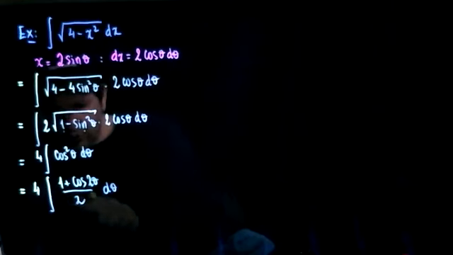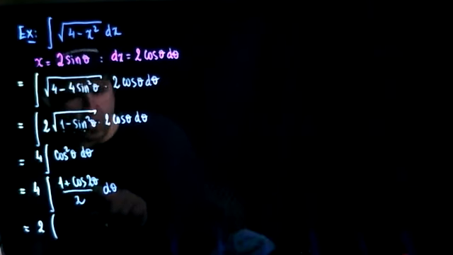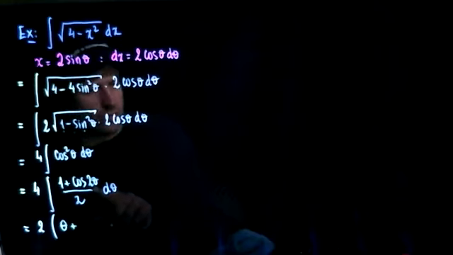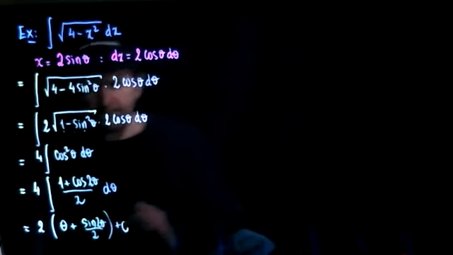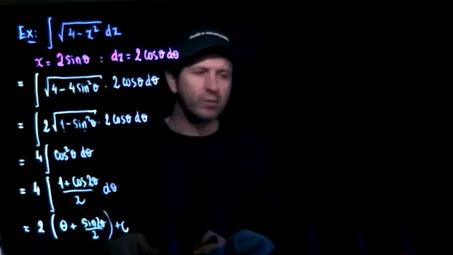Okay, 4 over 2 is 2. And then I'm going to do the antiderivative of 1 plus cos 2 theta. That will be theta plus the antiderivative of cos 2 theta, which is sine 2 theta over 2, and then plus C. So I'm done. My integral is done at this point.